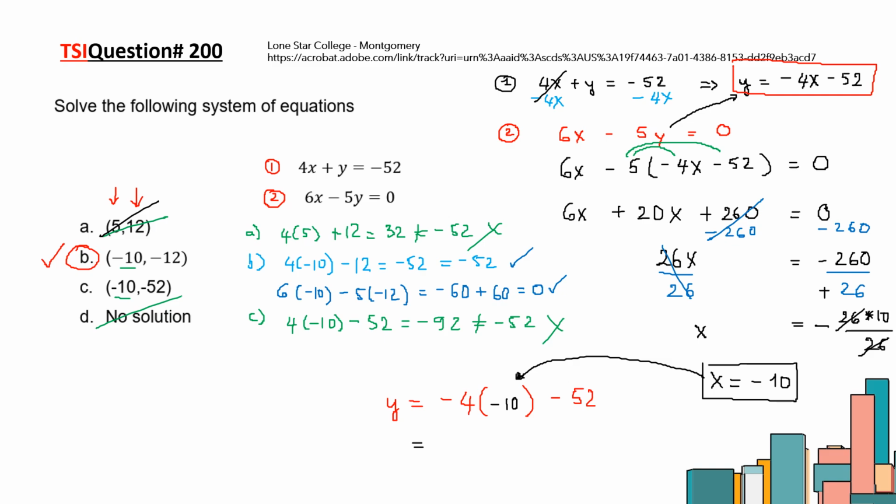So I calculate my y: negative 4 times negative 10 is positive 40, minus 52. That equals negative 12. So x equals negative 10, y equals negative 12 is the correct answer.